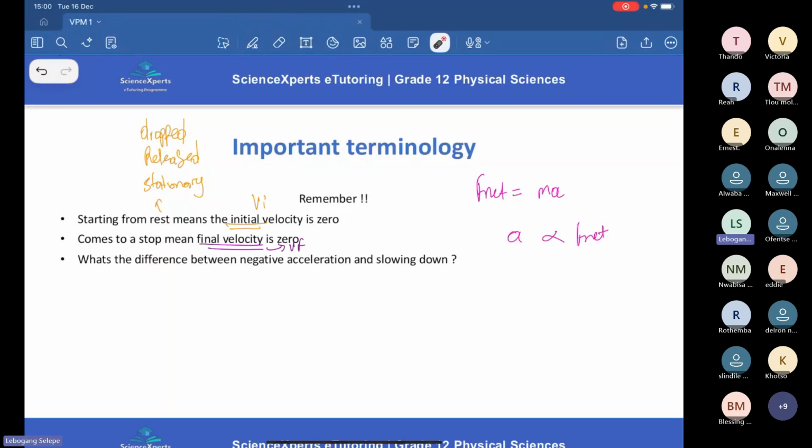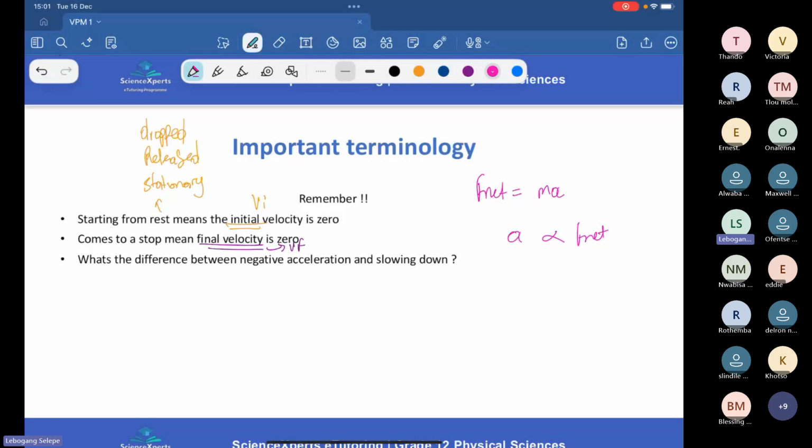So now, the direction of acceleration is in the direction of the net force. But under VPM, the only force acting on your object is Fg, the force of gravity. So it means that our object is always accelerating downwards. This is the direction of the acceleration.